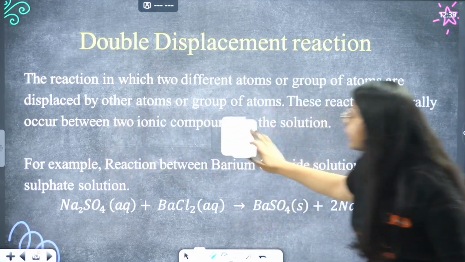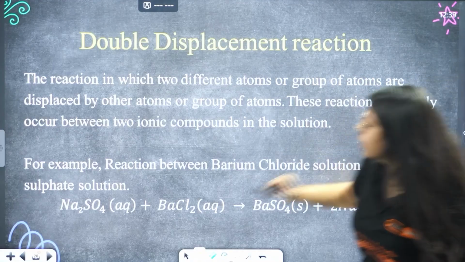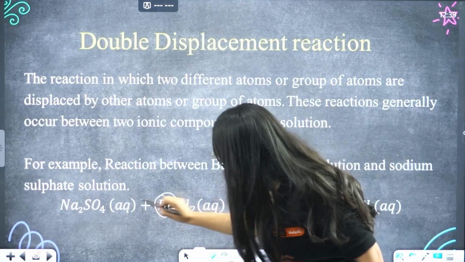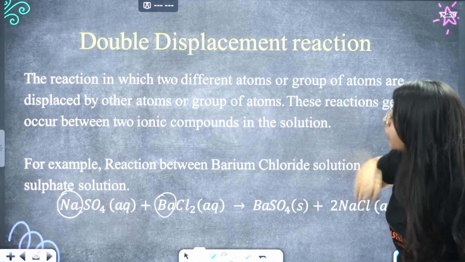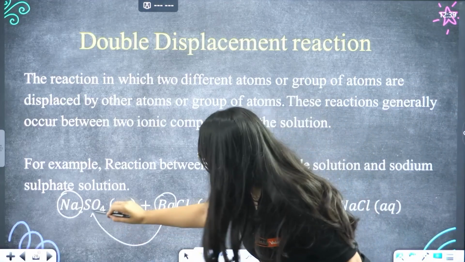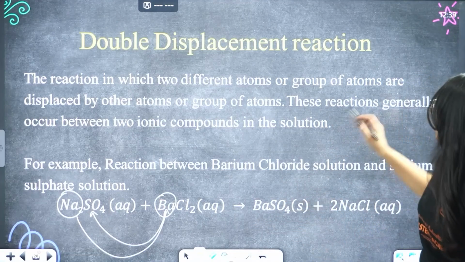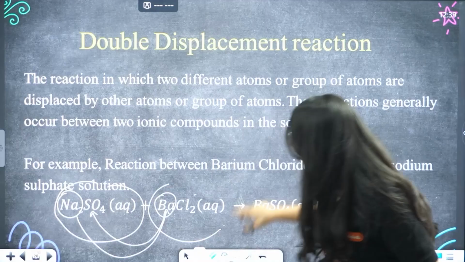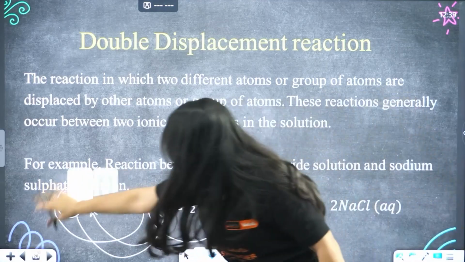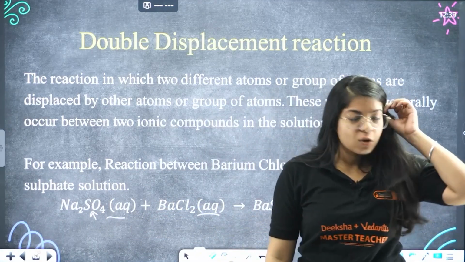The reaction in which two different groups of atoms, Na2SO4 and Ba, are displaced by other groups of atoms. So Ba displaced Na, Na displaced Ba. So they switched their position. These reactions generally occur between two ionic compounds in a solution. That is why both of these are aqueous.